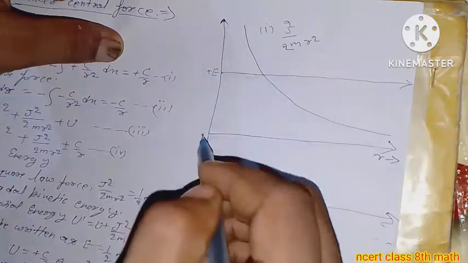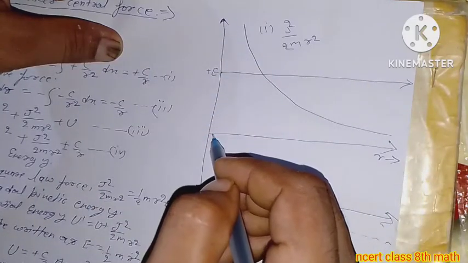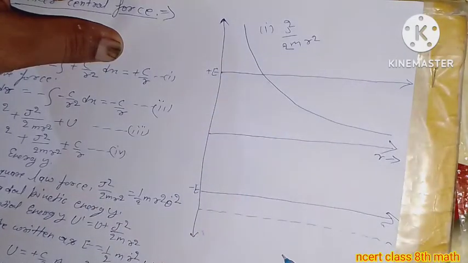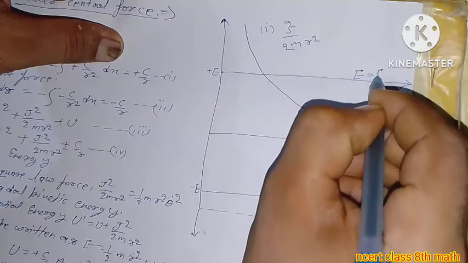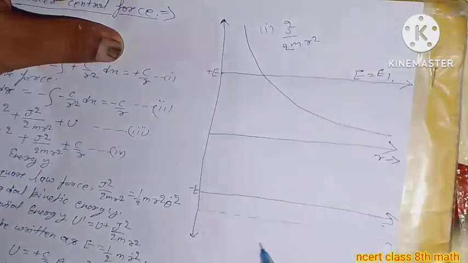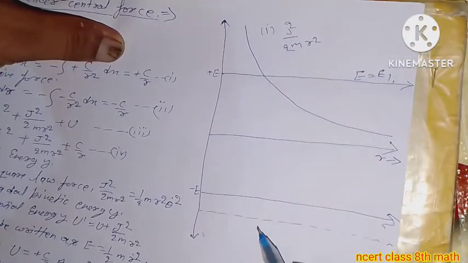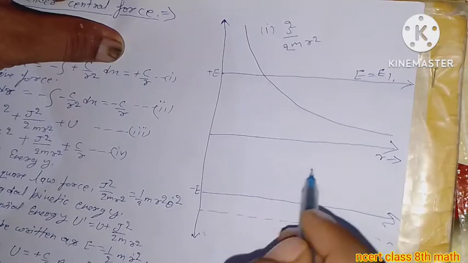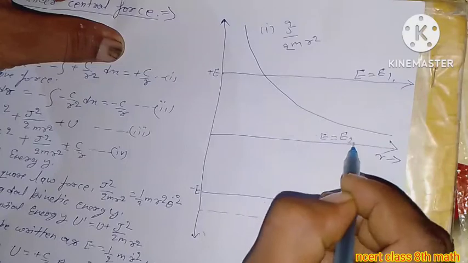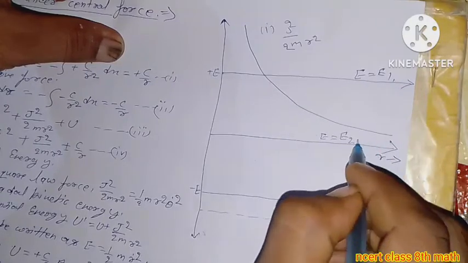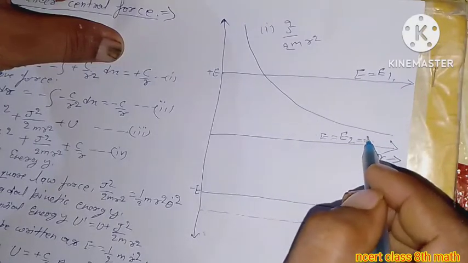This is the first curve, and the second curve is for U equal to minus C upon r. This line is E equal to E1, and this line is E equal to E2 equal to 0.